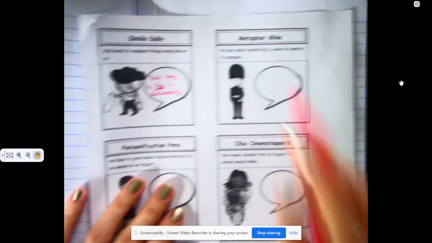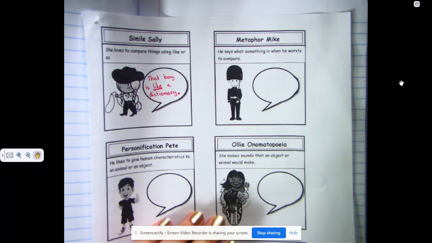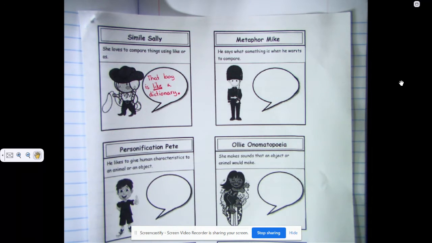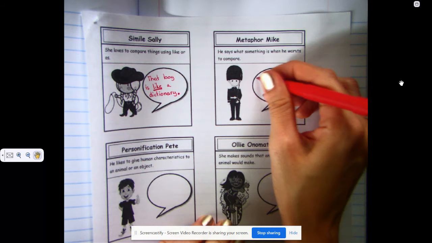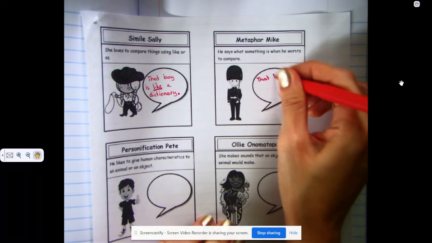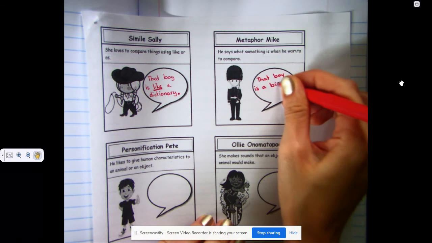Okay, a metaphor is really similar. It also compares two things, but it's not using the word like or as. So let's give ourselves an example for that one. What about that boy is a big baby?